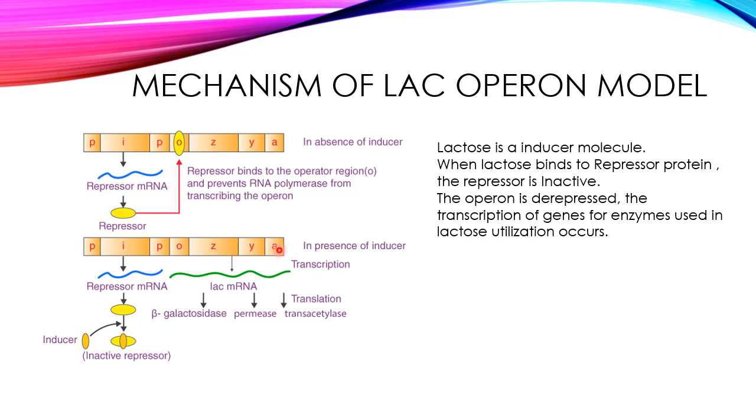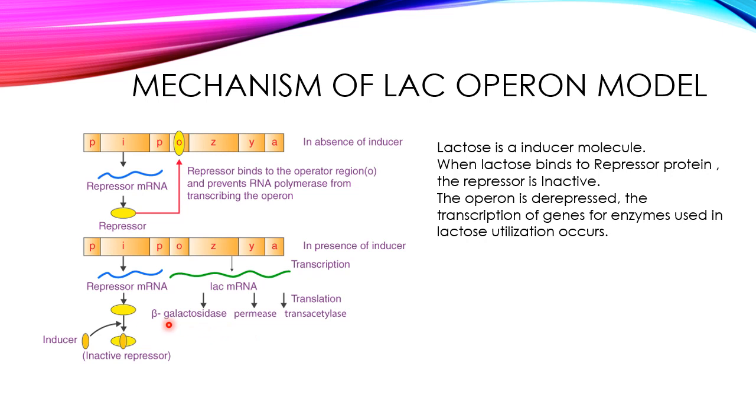And these three structural genes are transcribed. LAC mRNA is generated, and this LAC mRNA on further translation results in the formation of three proteins. Those are nothing but our enzymes: beta-galactosidase, lactose permease, and transacetylase.